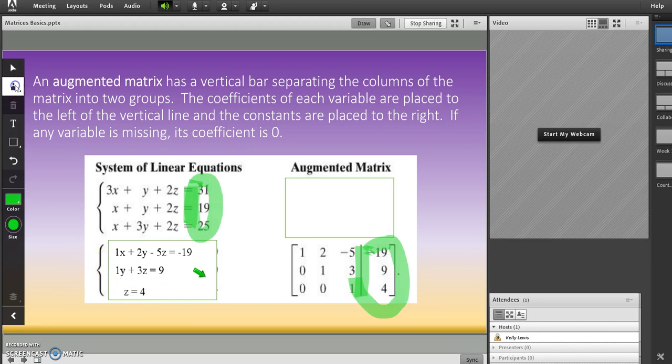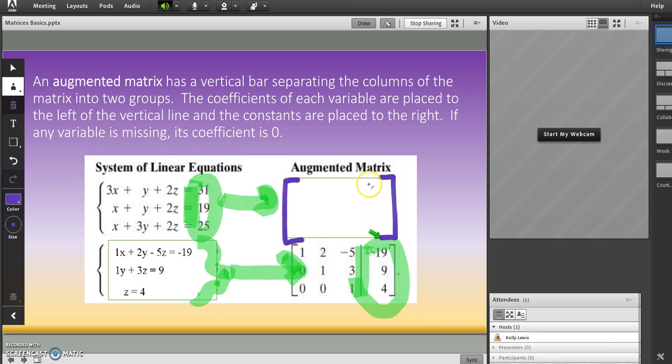And so this system right there is that matrix. So they're the same thing. They share the same information. And so let's turn this system into a matrix. So we put brackets, put a line right here, and let's write 31, 19, 25.